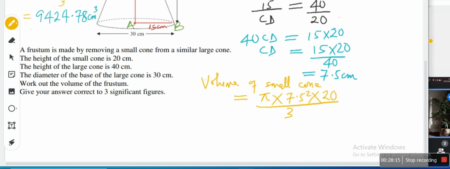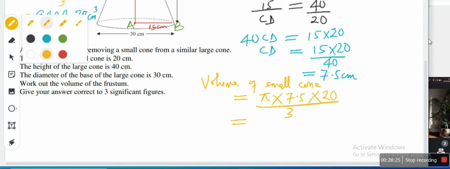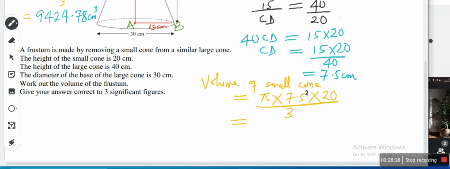Okay, so what does that give? 157.08. I hope you took care of the pi and all that. Yeah, 157.08 cm cubed.